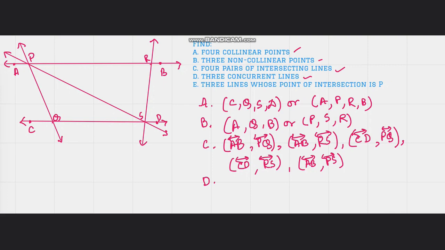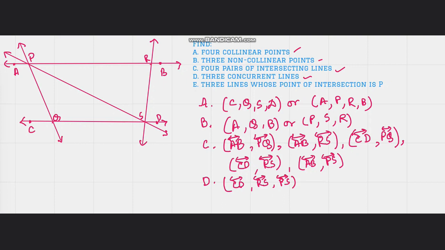Another way we can think of is line CD, line RS and line PS. So we can say that lines CD, RS and PS are 3 concurrent lines.